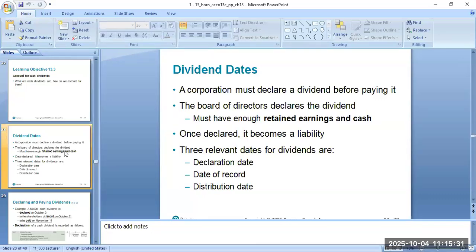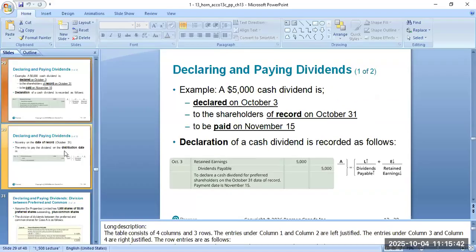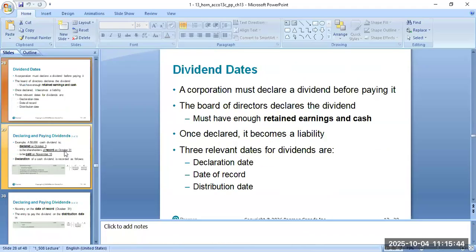The declaration date is when the dividend becomes a dividend payable, or a liability. That's why we make the journal entry to record the liability and reduce the retained earnings.